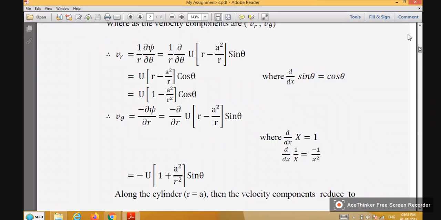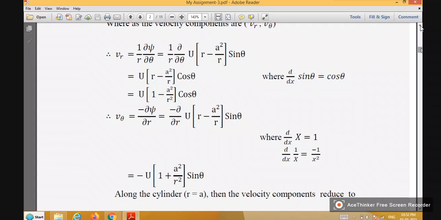If r is equal to a, you tell me where in the expression VR is equal to u into r into 1 minus a square by r square.